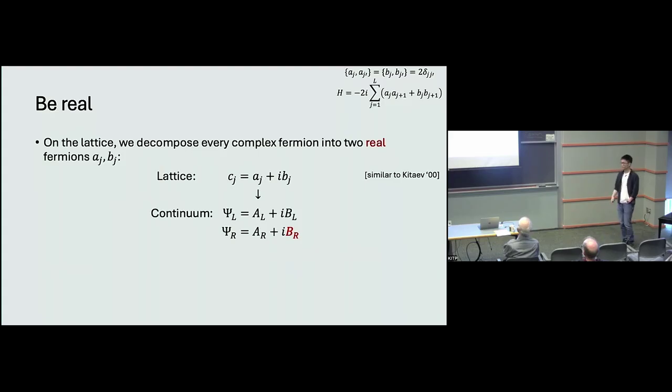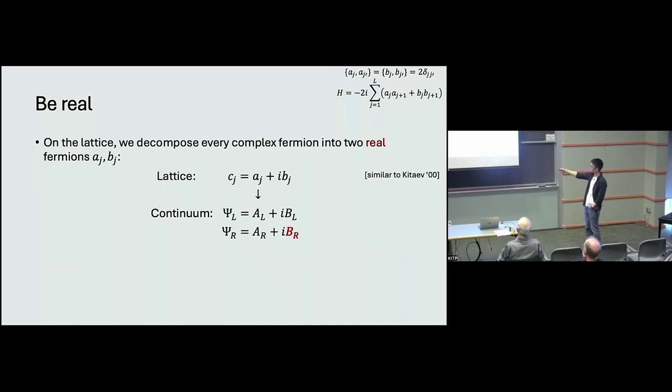aspect. All right. As we said in the previous slide, what we want to find is a lattice operator such that when you take the continuum limit, it becomes a symmetry that takes psi right to psi right dagger.